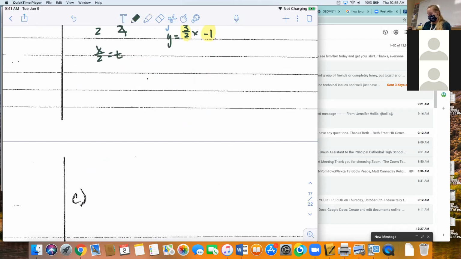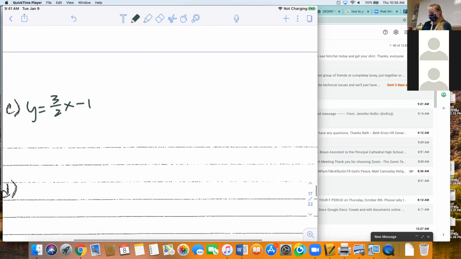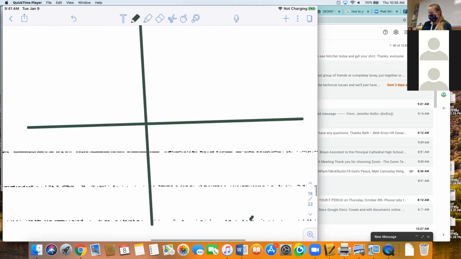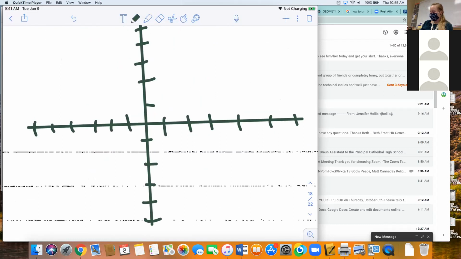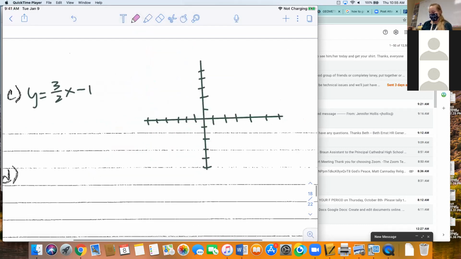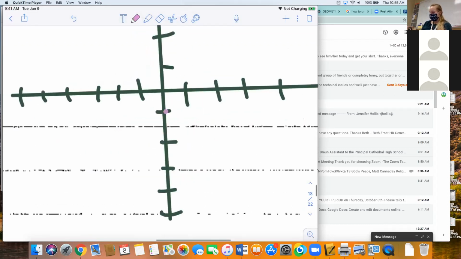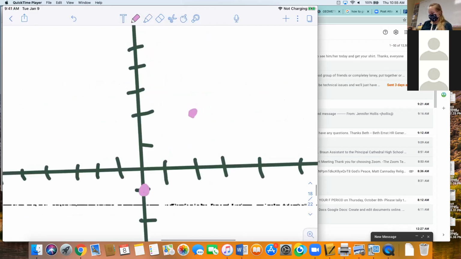So let me rewrite y equals 3 over 2 x minus 1, and graph it. So negative 1 and then up 3 over 2. 1, 2, 3, 1, 2. Something like this.